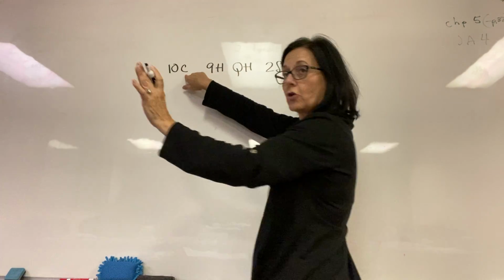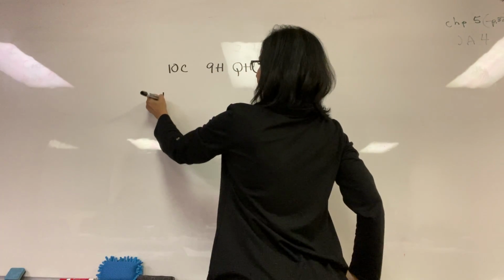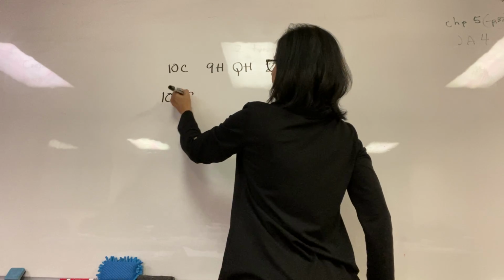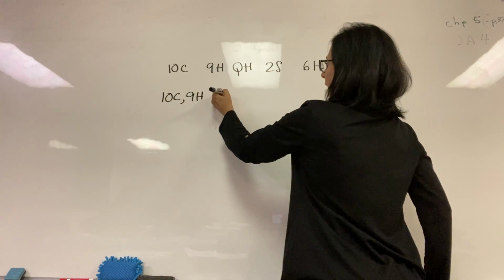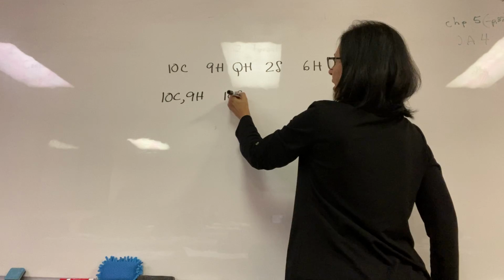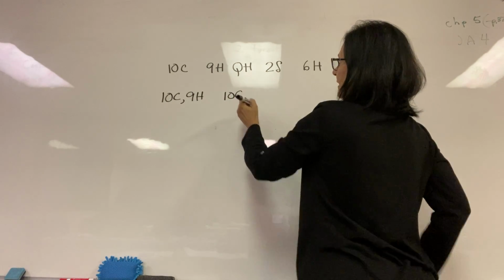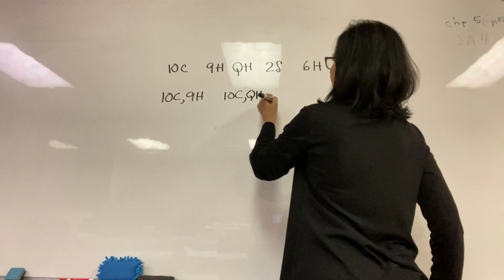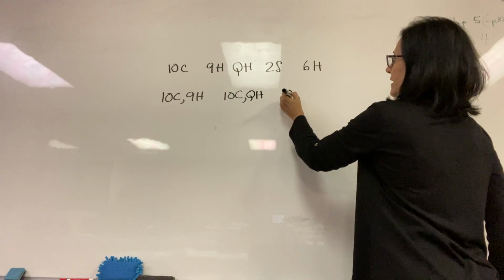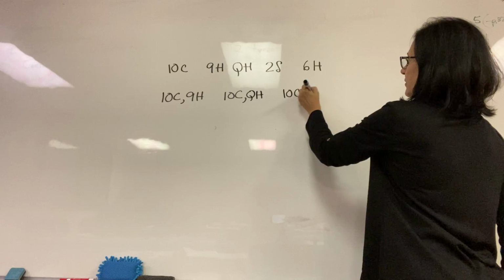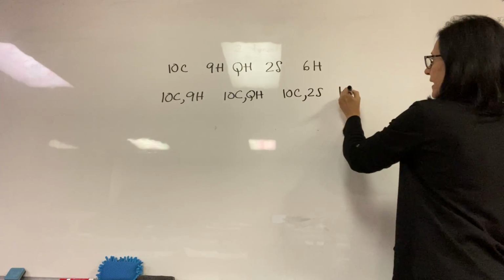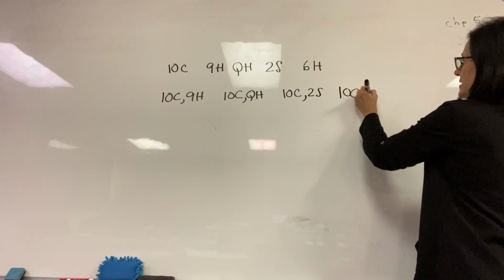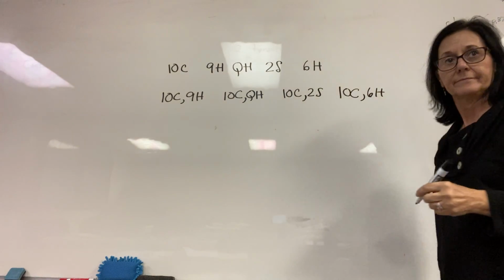Well, if I'm going to draw 2 cards, I could do the 10 of clubs with the 9 of hearts. I could do the 10 of clubs with the queen of hearts. I was expecting a number. I could draw the 10 of clubs with the 2 of spades. I could draw the 10 of clubs with the 6 of hearts, right?